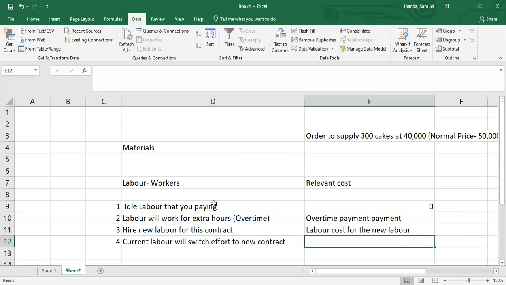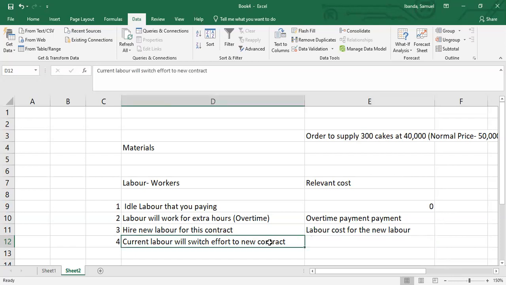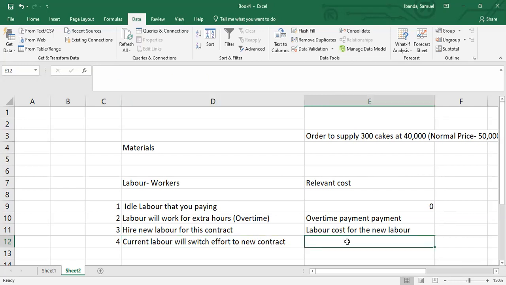Now, if current labor is going to switch effort to the new contract, it means that they are going to forego their current effort on another product. If they are going to divert their effort from another product, then in that case, the relevant cost will be the opportunity cost foregone.